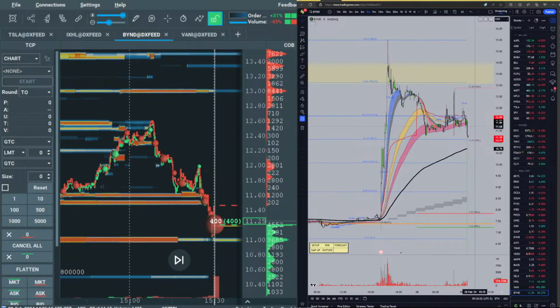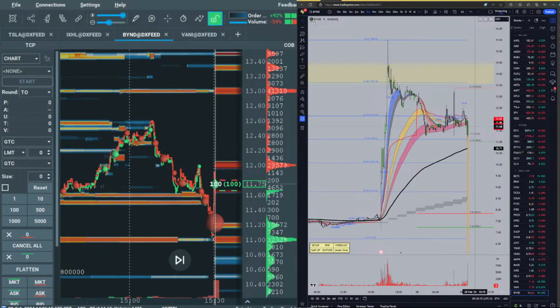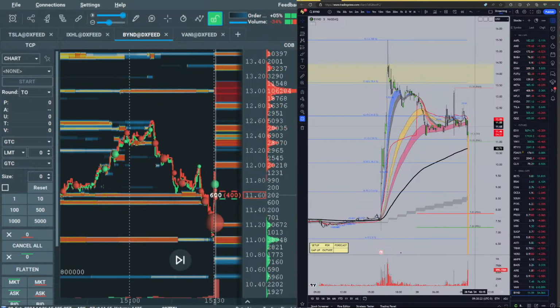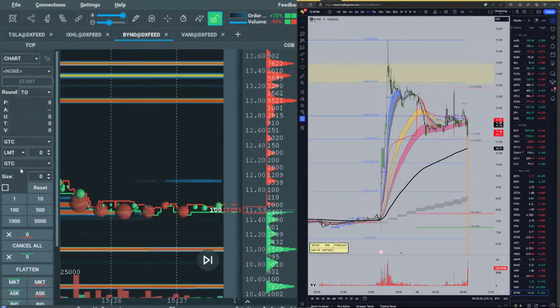A little bit of push over here on Vanny. Okay, they start pushing. Very strong volume over here. They're gonna probably halt it. So we're waiting over here on Vanny now. BYND over here. Let's see if we're gonna have the setup. So Vanny halted, watching on BYND over here.